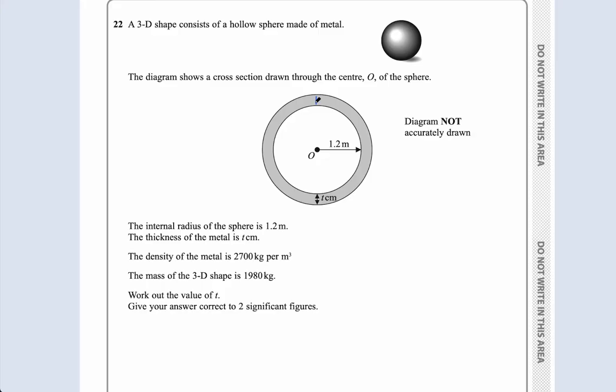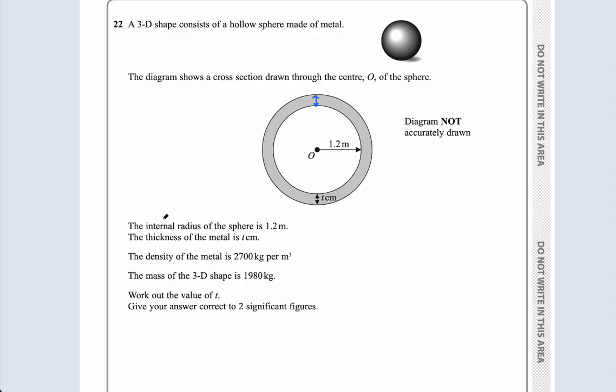Think of it like a round Easter egg, and this is the chocolate bit. The small radius is 1.2, and the big radius is 1.2 plus t, because of this t here. Anyway, I think this is a tricky question, guys, just to warn you.